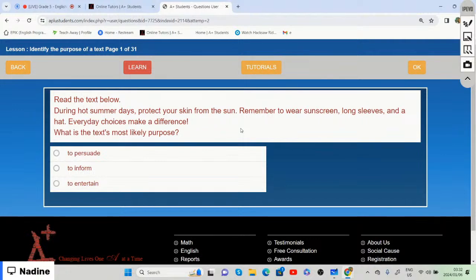Everyday choices make a difference. So, based on me reading the text, do you think the author is trying to persuade us? They're trying to inform us? Or they're trying to entertain us?